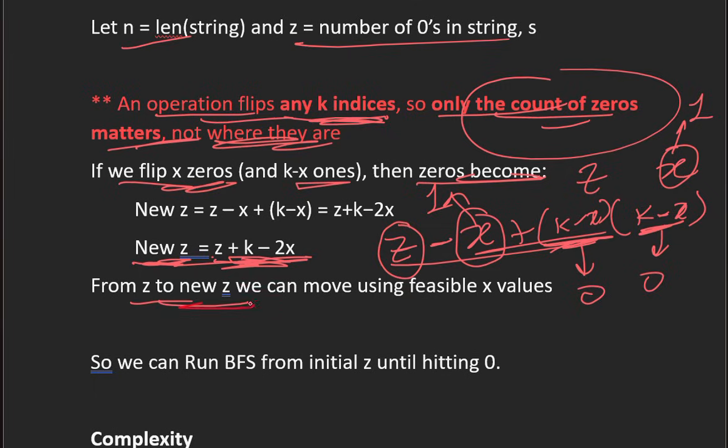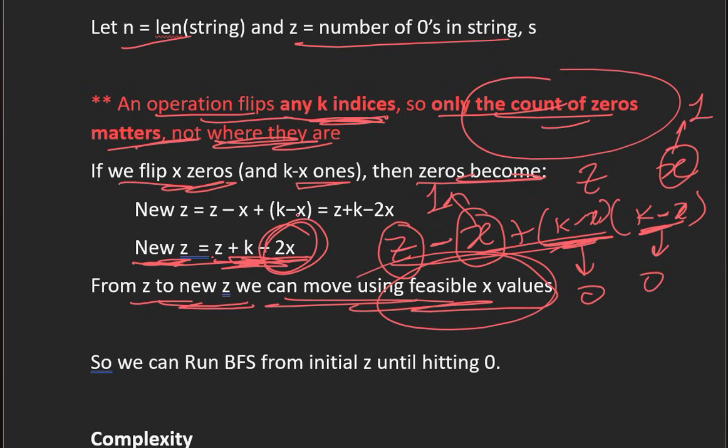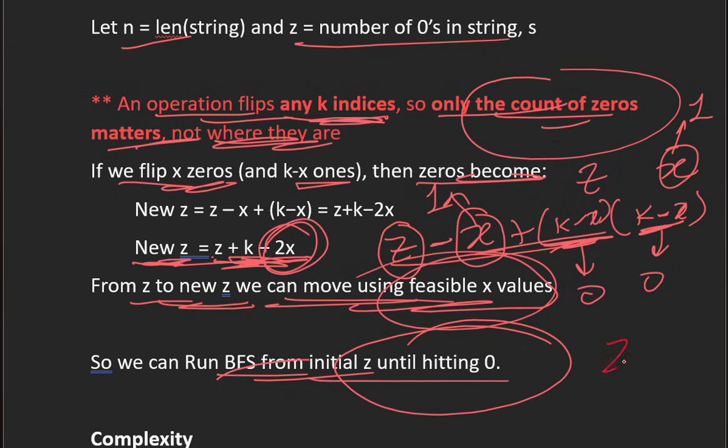So from z to new z we can move using feasible x values. Now we'll try all the possible values of x to move from a current state z to a new state, and then we run BFS until z becomes 0, that is, the number of zeros becomes 0.